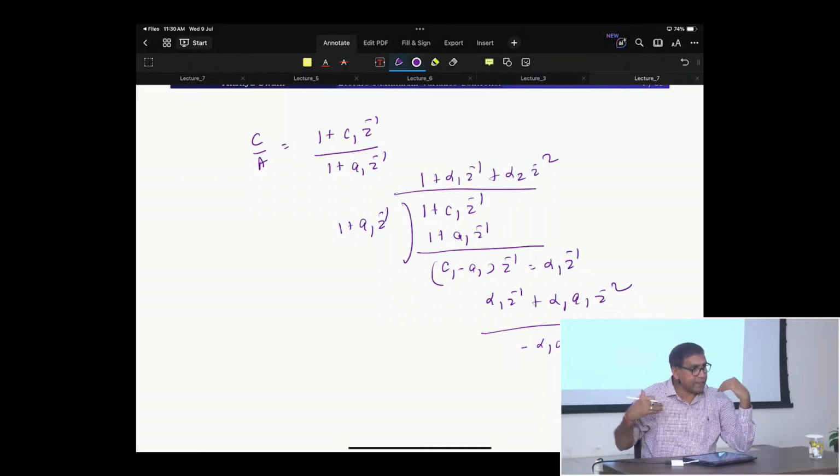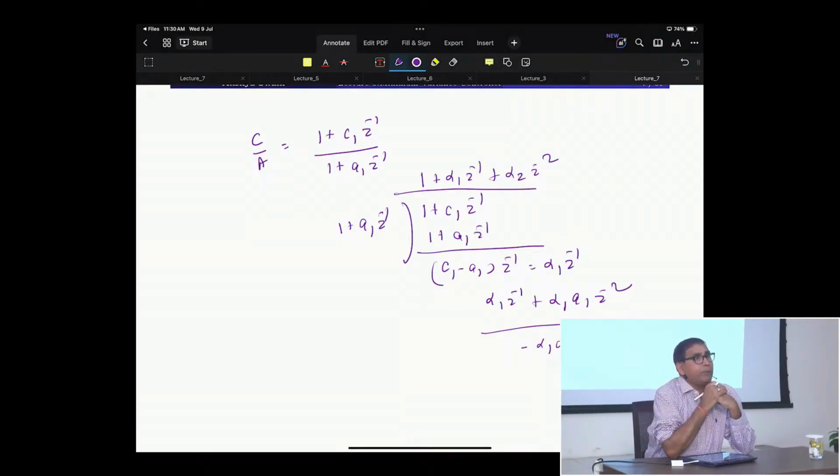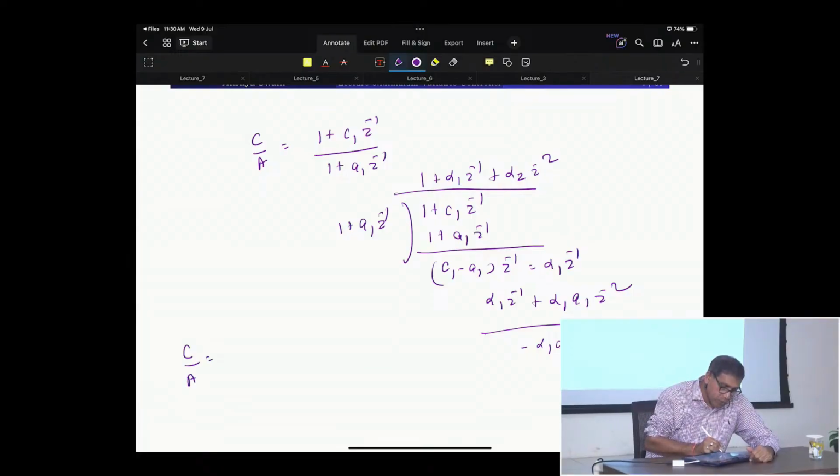If you do like this, the C by A polynomial will become an infinite series. That is the key. The key is the C by A polynomial will become an infinite series. If you do like this, I am not interested in this value or that value.